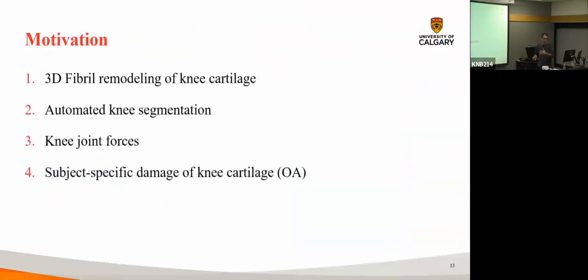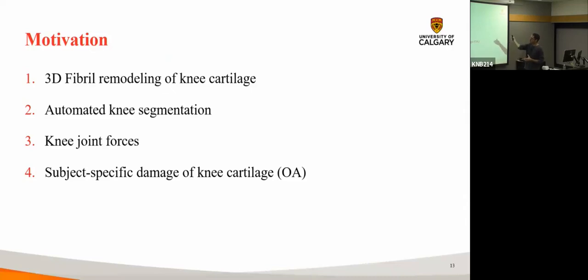So there are 4 motivations in my study. First, having this 3D knee model where we can include fibers. The second would be automated knee segmentation rather than manual knee segmentation. And third is to find the knee joint forces.